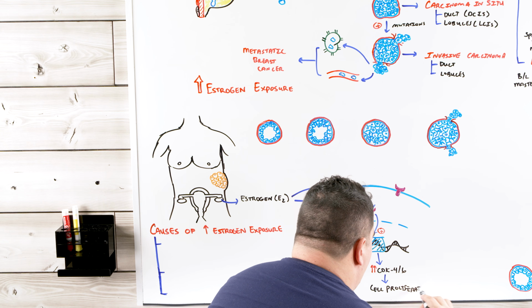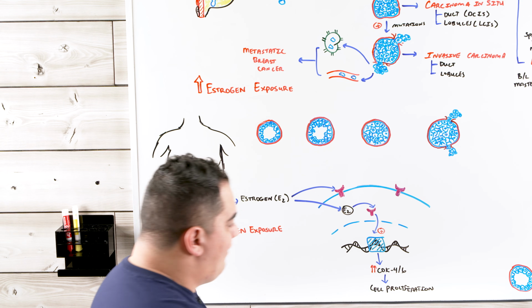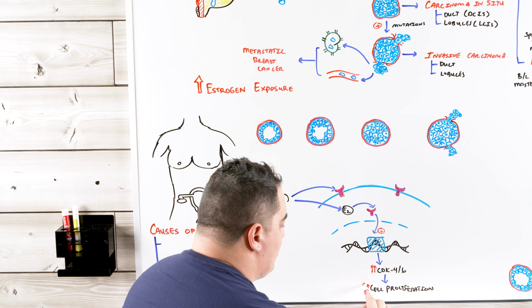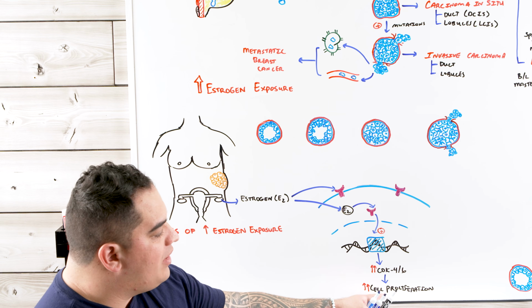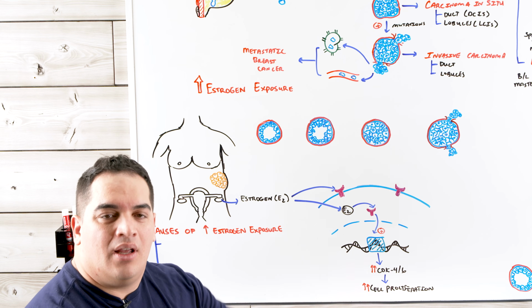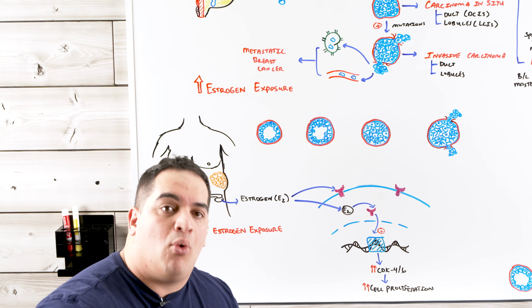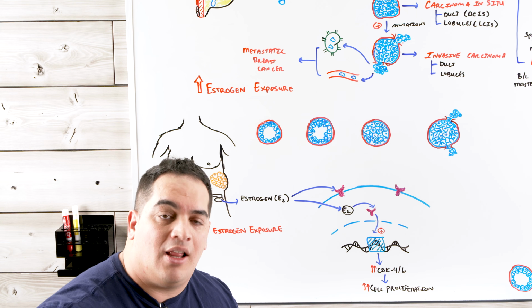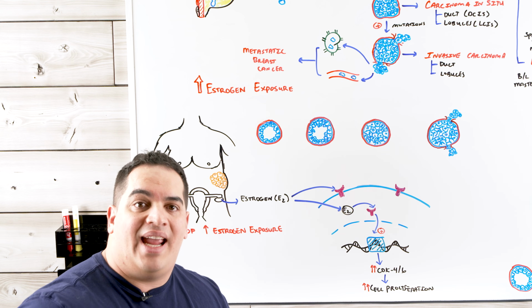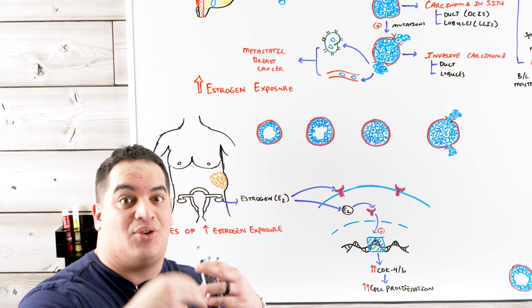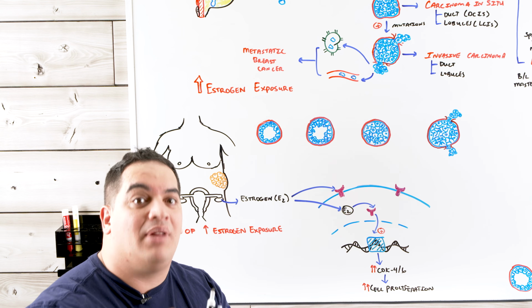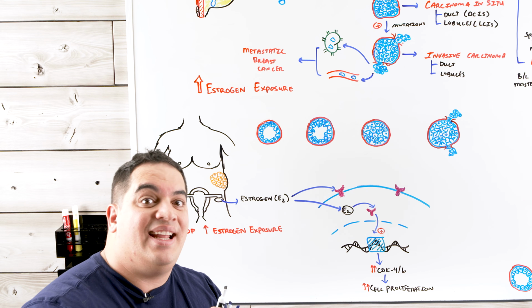Now here's the problem. Every time a cell proliferates, what's the issue with that? How does that cause cancer? It doesn't. It's just that the more a cell proliferates, the more chances a person has of developing cancer. Every time a cell proliferates, the DNA has to replicate. Every time the DNA replicates, there's a chance of DNA damage.